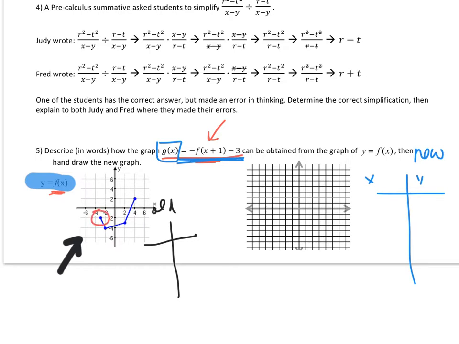My first point here appears to be -3, -2. So now we look to the new definition to see what has changed. And notice inside the parentheses, there is an x plus 1 type of shift. We all know that shift goes 1 to the left.